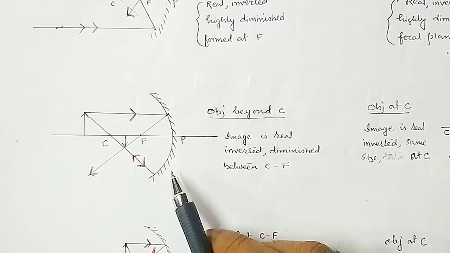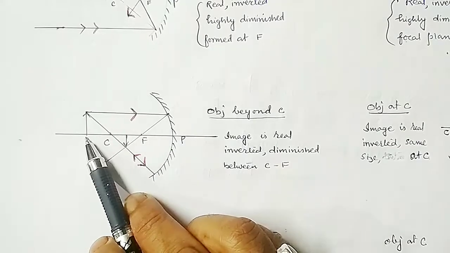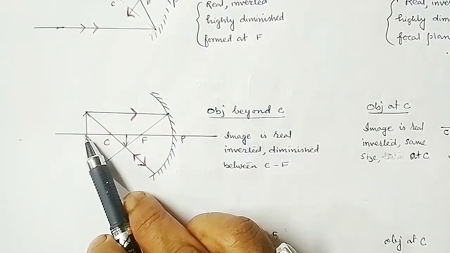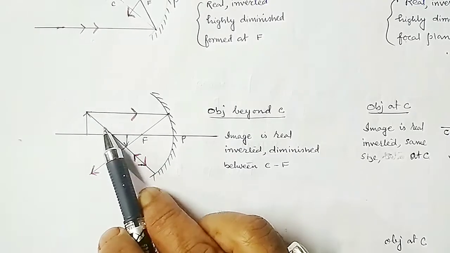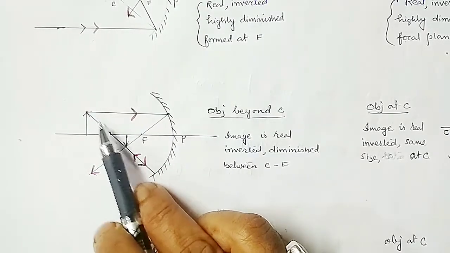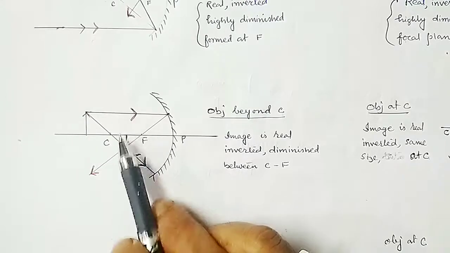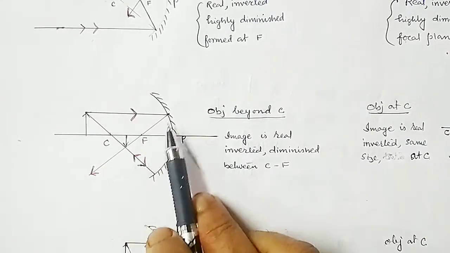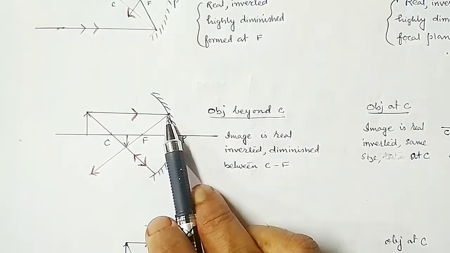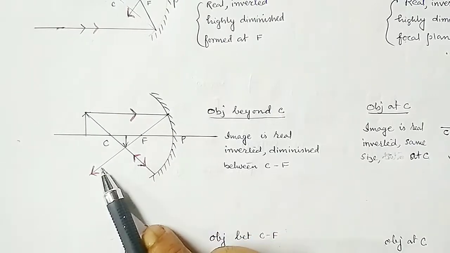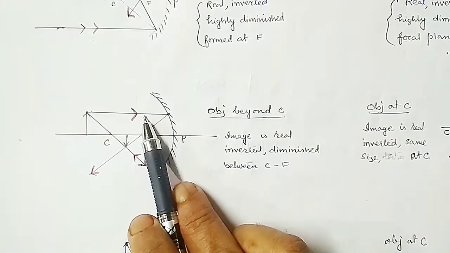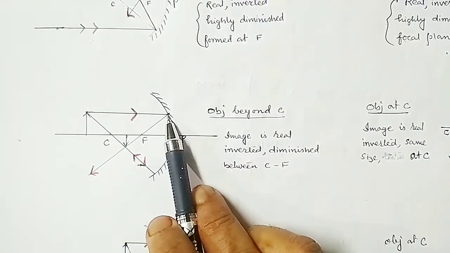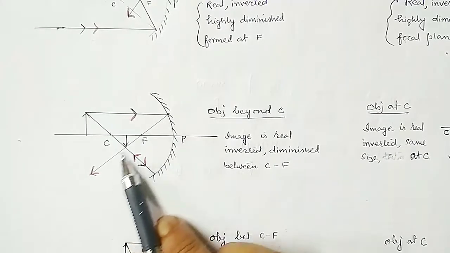Now in case 3, the object is beyond C and this is the object. From here we have to draw 2 rays for the formation of image. Suppose this ray which is parallel to the principal axis, after reflection from the mirror, passes through the focus. We know any ray which is parallel to the principal axis after reflection from the mirror always passes through the focus.